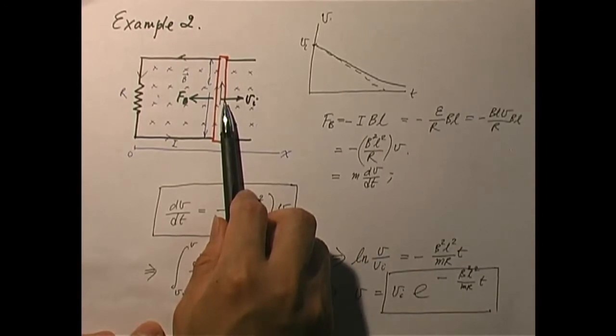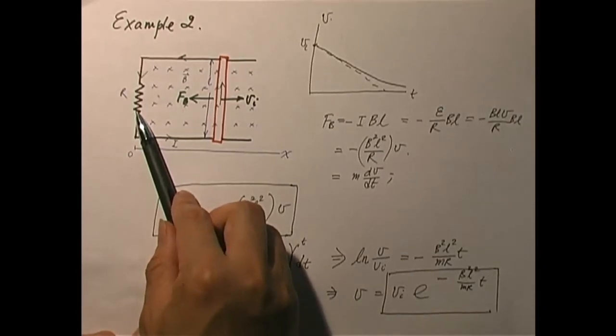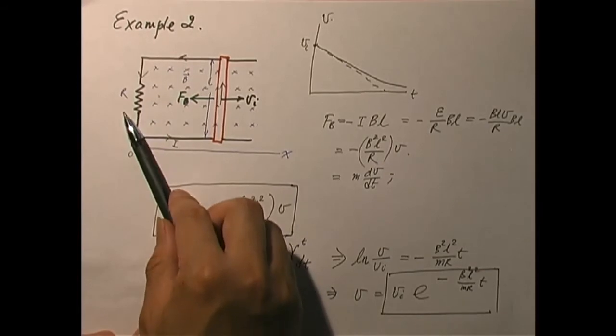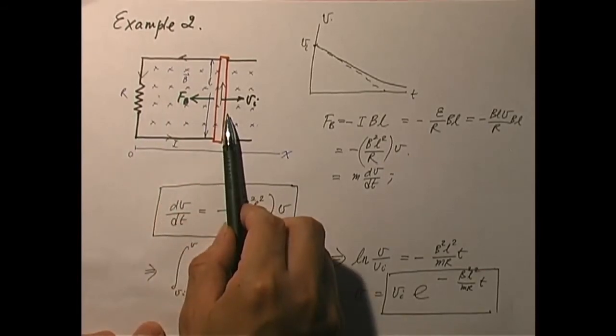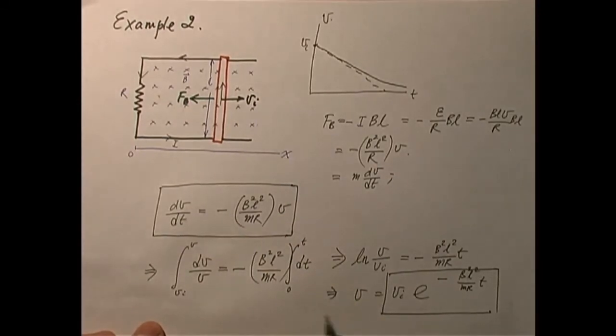That has to be compensated for by what? By the power dissipated on the resistor. In other words, the reason why there is a thermal energy release is because the bar lost kinetic energy. So can you see a conservation of energy? And how does it become consistent with the equation of motion?